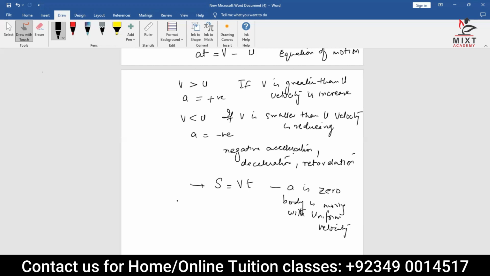After time small t, the velocity changes to capital V. There will be a constant acceleration, small a, during that period.